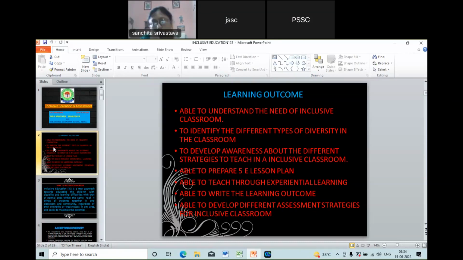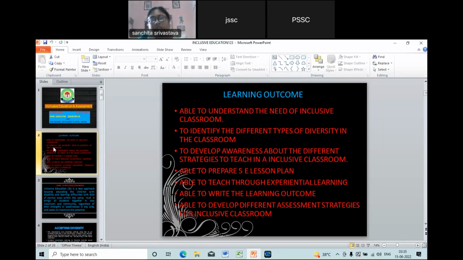So whatever we are doing today, whatever policies we are applying, whatever strategies we are taking, it is ultimately the learning outcome that matters. Then we'll develop different assessment strategies in an inclusive classroom. That means you cannot assess a normal child and a child with special needs on the same platform. So you need some special strategies for the way you are going to assess.